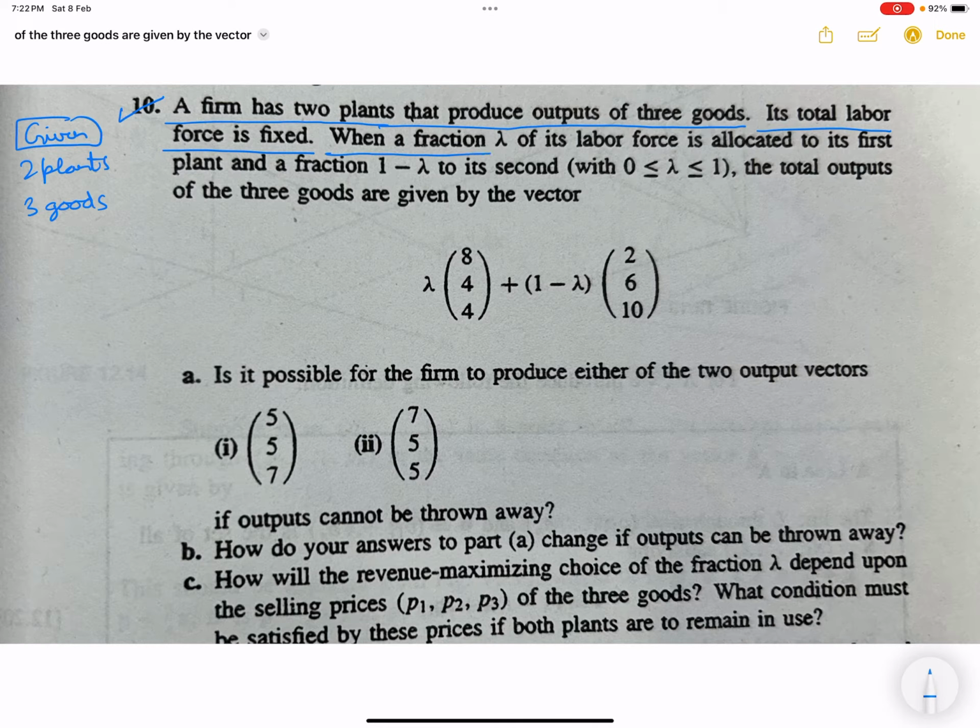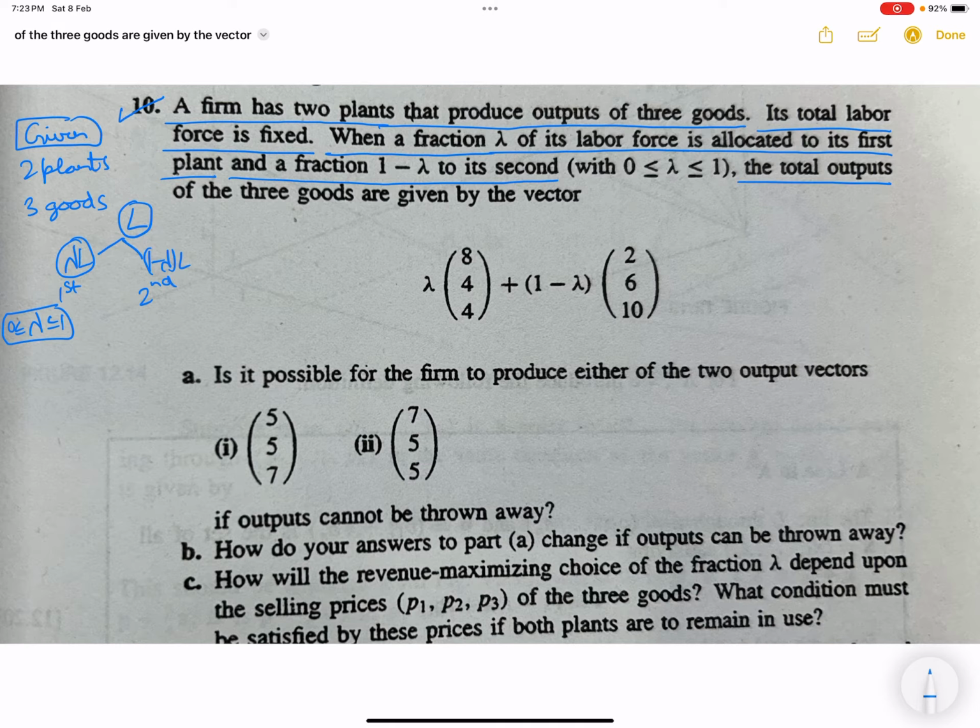When a fraction lambda of the labor force is allocated to its first plant and a fraction 1 minus lambda to its second. So basically total labor force is L, where lambda times L labor is being given to the first plant, where lambda would lie between 0 and 1. And 1 minus lambda times L is given to the second plant.